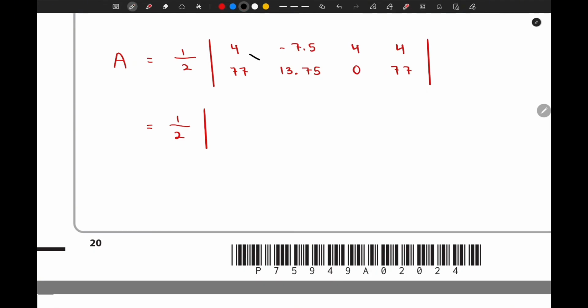First of all, we need to multiply it like this. So it's 4 times 13.75 plus 0 times -7.5 is 0. So plus 4 times 77 minus these values. We need to also multiply it like this.